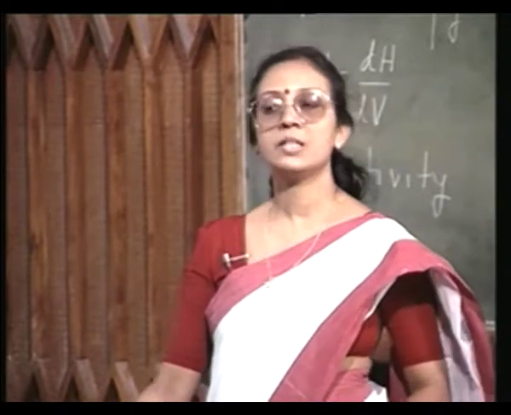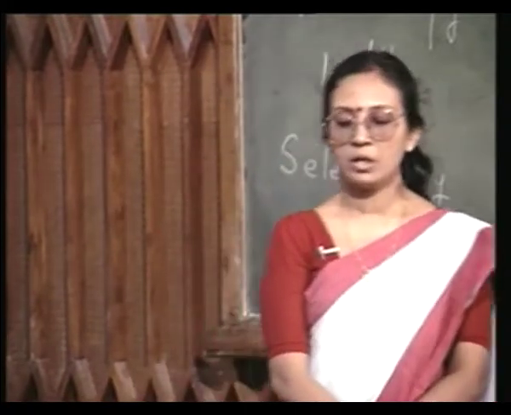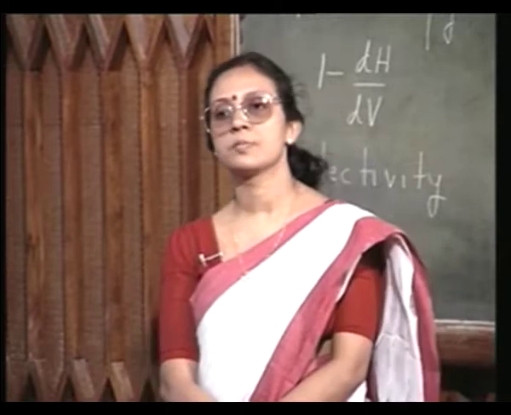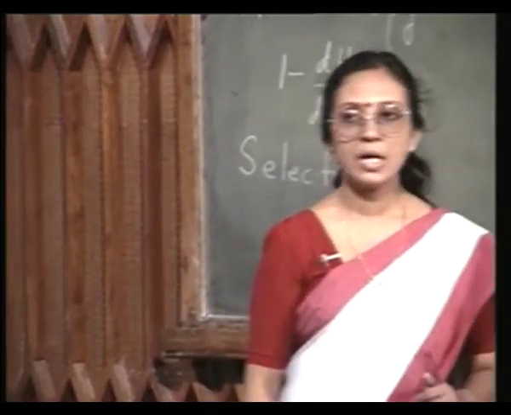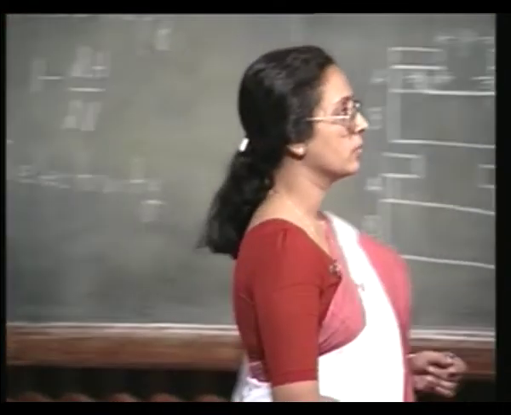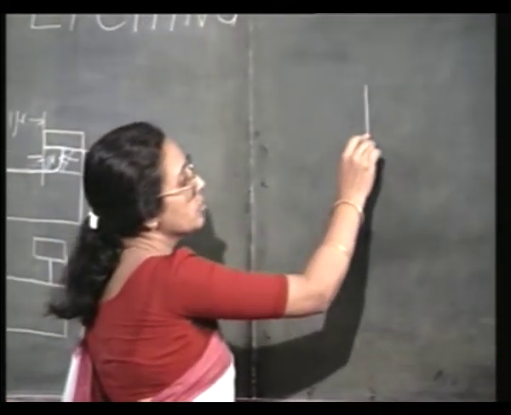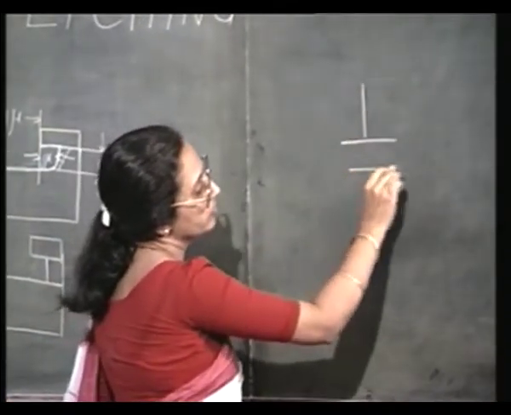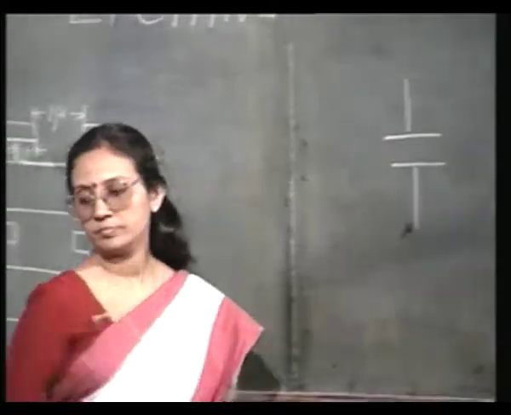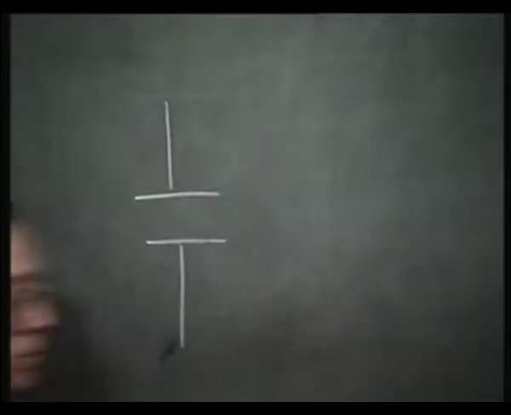Okay, so this is a plasma. Now let us see what a simple plasma reactor is all about. In a simple plasma reactor, what I have is simply two electrodes. Maybe I should separate them out a bit.